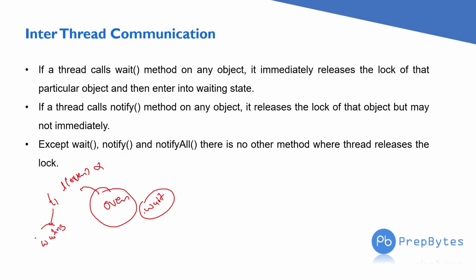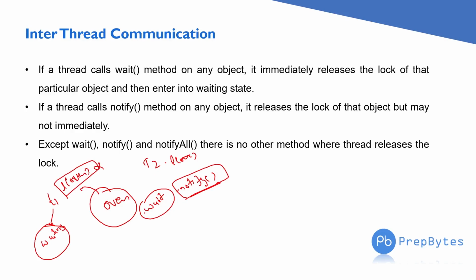The reason is that T2, after completion, needs to call the dot notify method. But to call it, it needs the lock of O1. So if T1 does not release the lock of O1, how will T2 get it? So before going into the waiting state, T1 releases the lock of O1, so that T2 can get the lock of O1 and call the dot notify method.